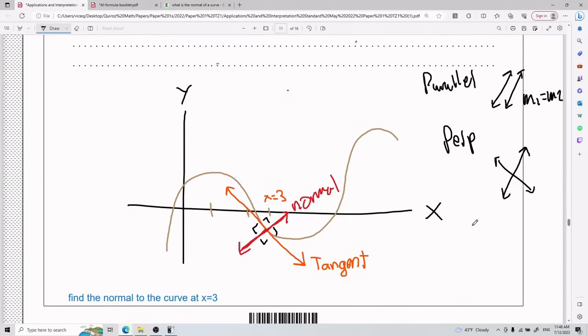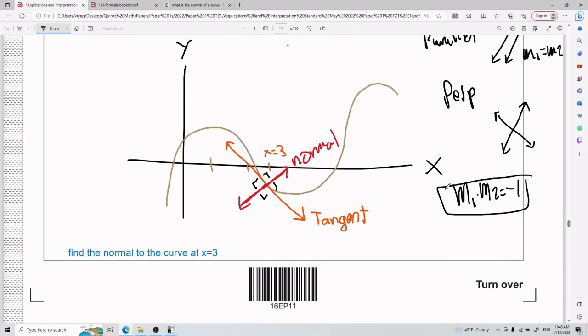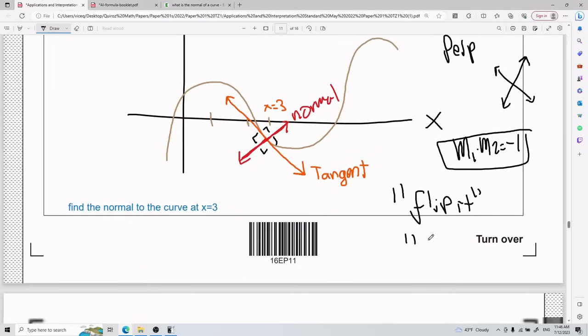The fancy math language would be that m1 times m2 has to equal -1, okay? That is the fancy math language behind it. What I prefer to do is that really you just flip it and multiply by a -1. Or just by a negative.